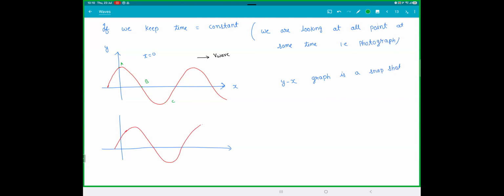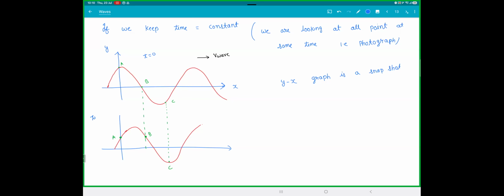See what happened. A is still on the same origin, but it has come down. B used to be here, now B has gone up. C used to be here, C has come to the lowest position. So A, B, C are still at the same position, but they're going up and down. So after some time T, A is coming down, B is going up, and C is still going down.